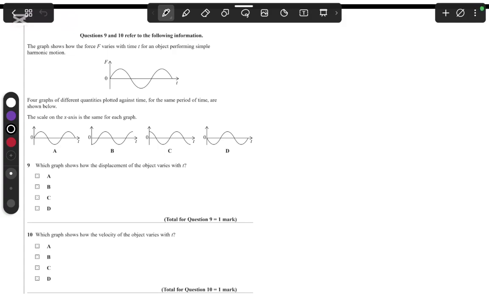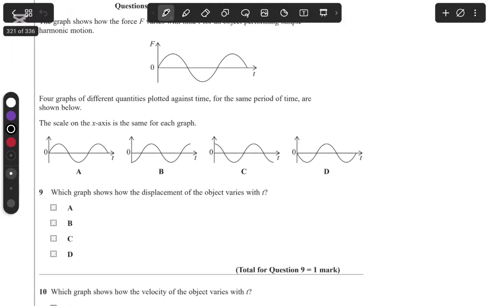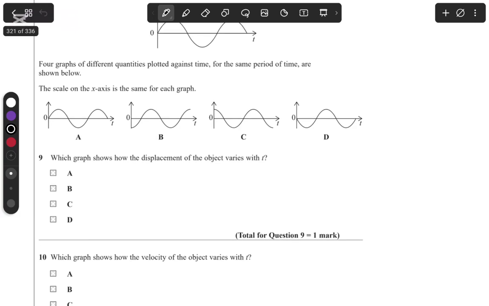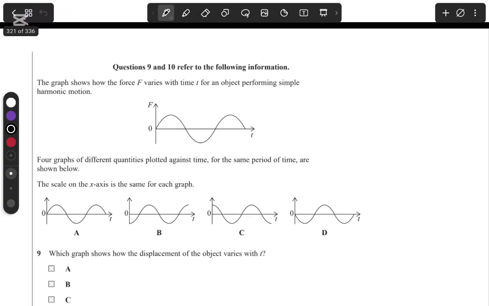Question number 9 and 10. They've given you a force against time graph, and a bunch of other graphs below, and they want you to tell which is the displacement time and the velocity time graph. This is a unique question because they've given you force. You're probably used to seeing acceleration, velocity, and displacement and changing between those.